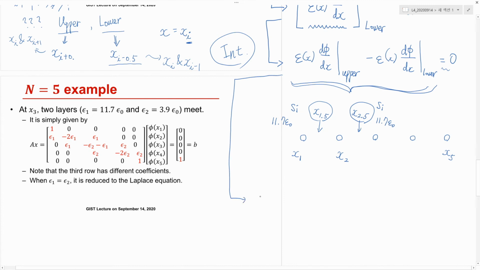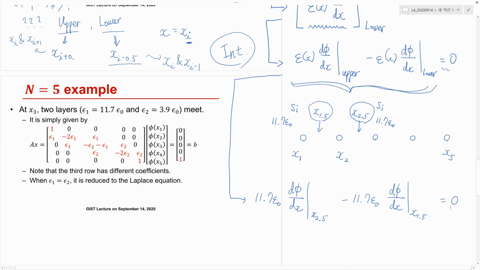We can say at the upper bound and lower bound, it becomes 11.7 epsilon naught d phi dx evaluated at x 2.5 minus 11.7 epsilon naught d phi over dx evaluated at x 1.5 equal to 0.